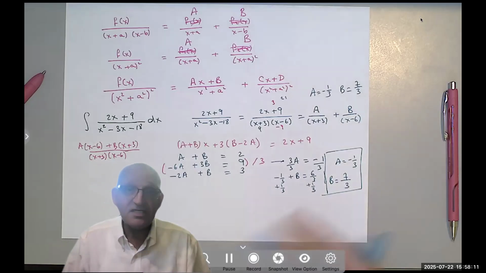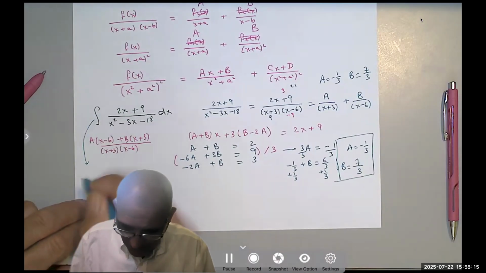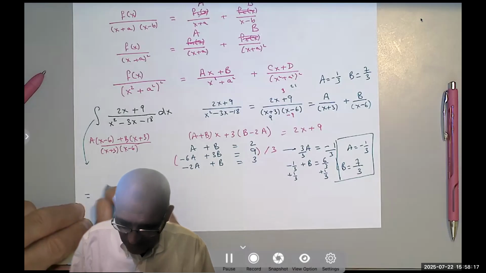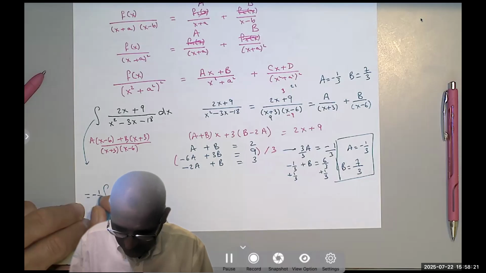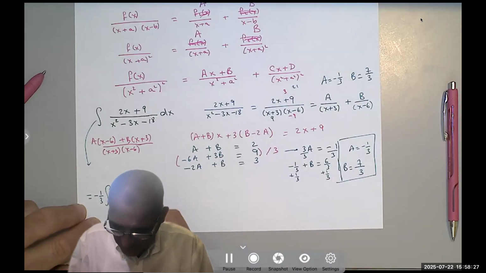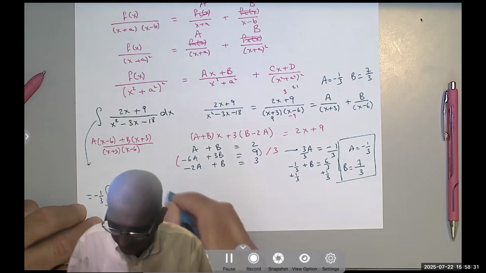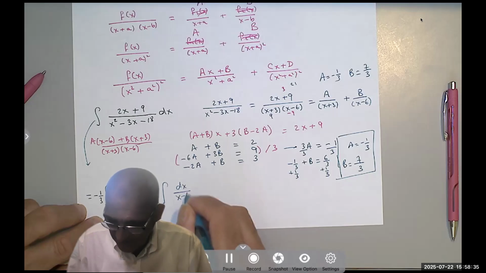Now it becomes an easy integral. Okay, so this integral would become two integrals. The first one has a equals -1/3, so I can write -1/3 dx over x plus 3 plus 7/3 the integral of dx over x minus 6.